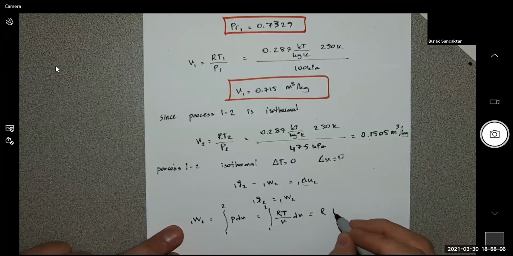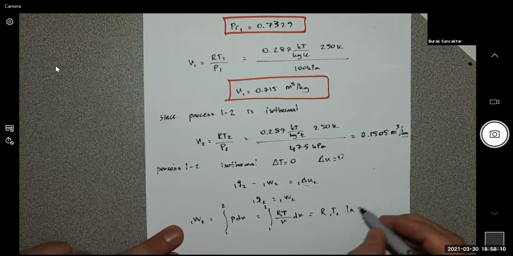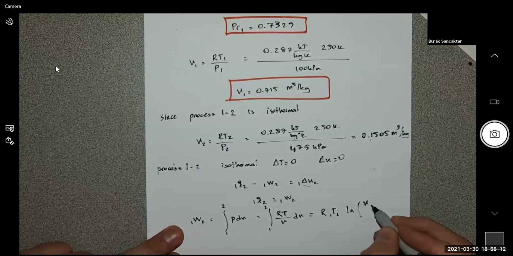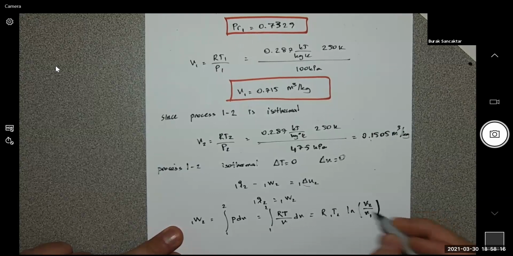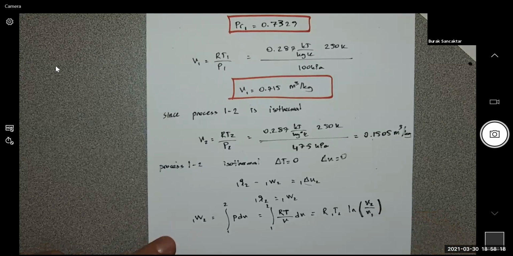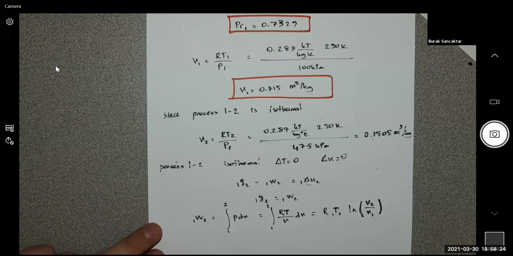And temperature from 1 to 2, and natural log of V from state 2 over state 1. In this case, I can also take temperature outside because it's a constant.